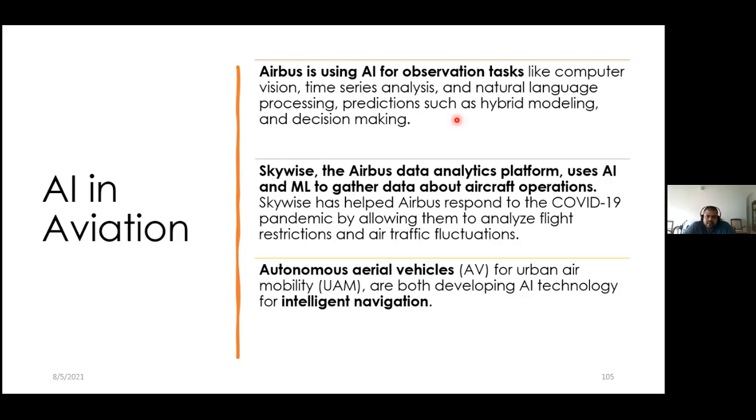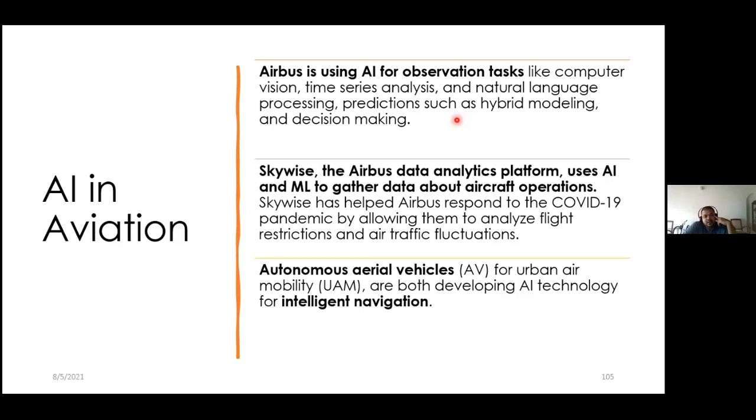This Skywise is the Airbus data analytics platform, and especially with the pandemic and all of that, they've started gathering and analyzing information in terms of air traffic operation. Now in Sri Lanka, I think we don't operate at that level, but in other parts of the world they have started operating, right?